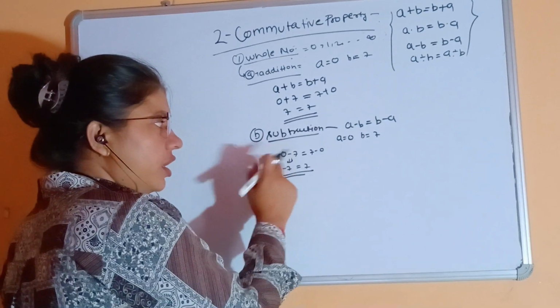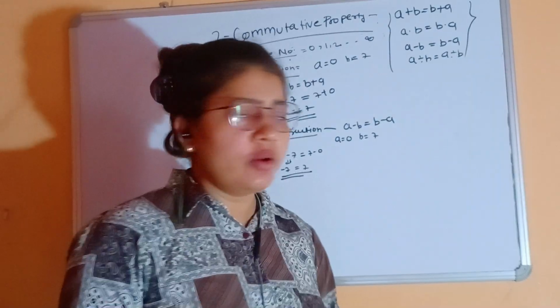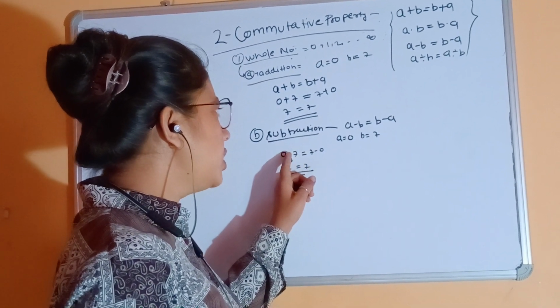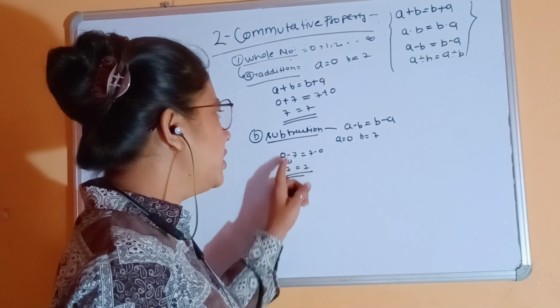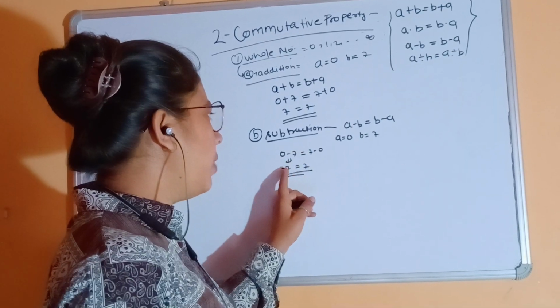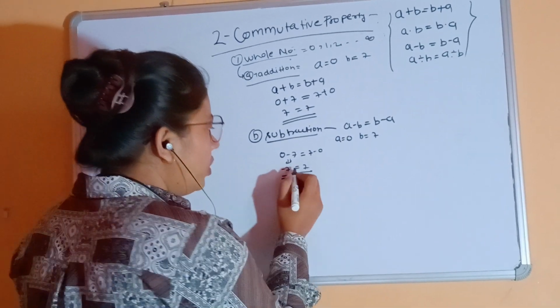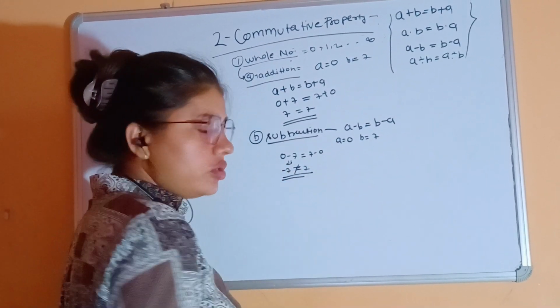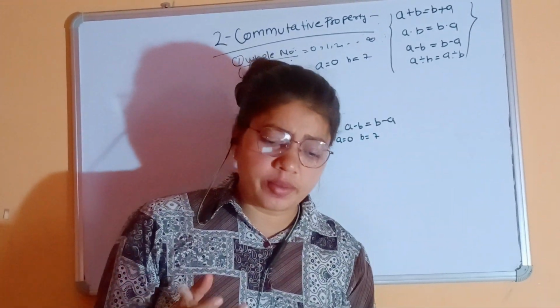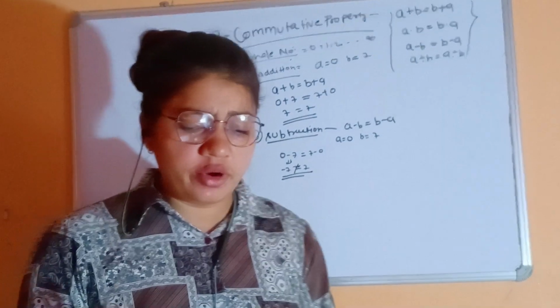Minus 7, because in front of the greater value the sign is negative, and in front of the greater value the sign is positive. So minus 7 is not equal to 7, it is easily not equal. So the property does not follow. Addition follows, but subtraction does not follow the commutative property.